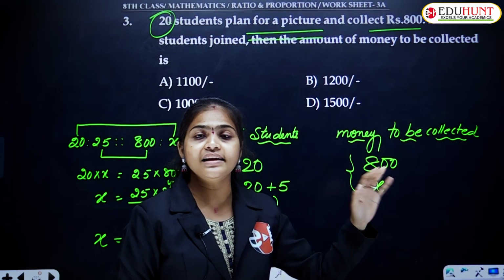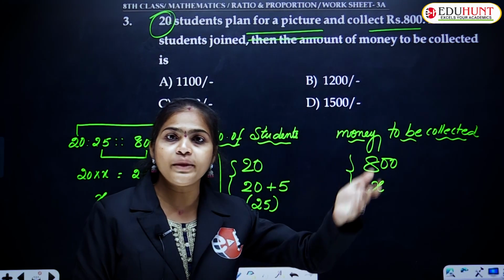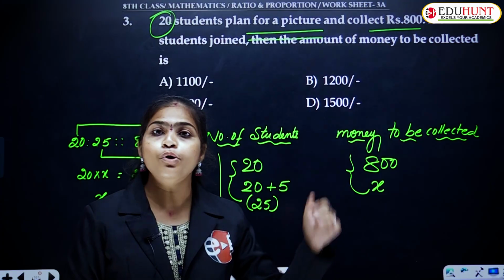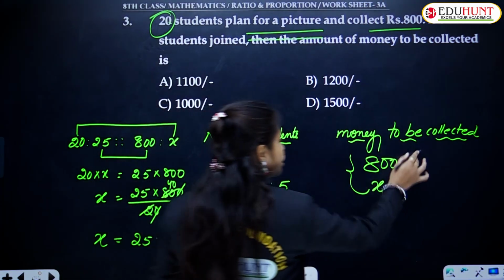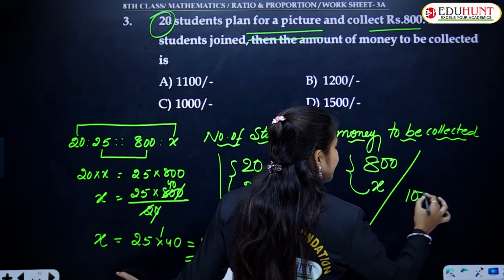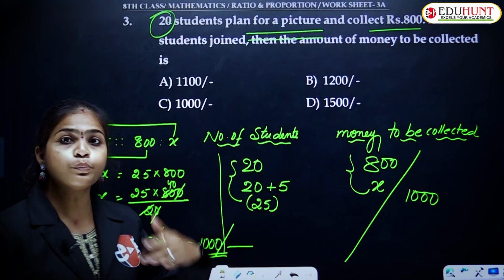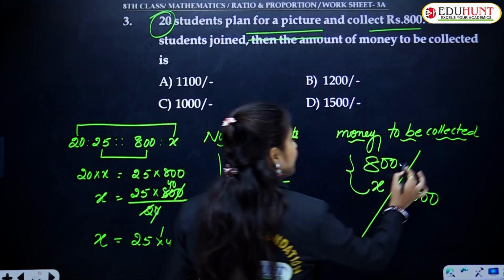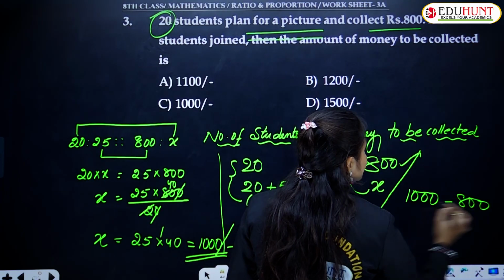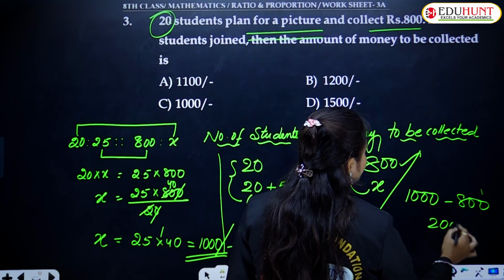If they ask how much more money is to be collected, then the question will be different. Then here the total amount is 1000. How much more money to be collected means actually they collected 800 here, so 1000 minus 800, which is equal to 200.